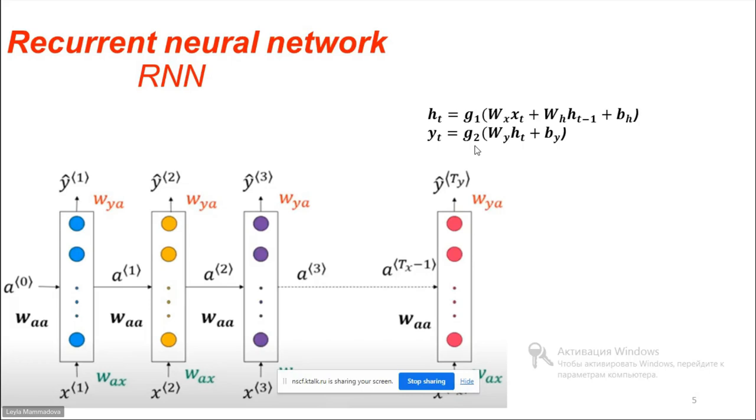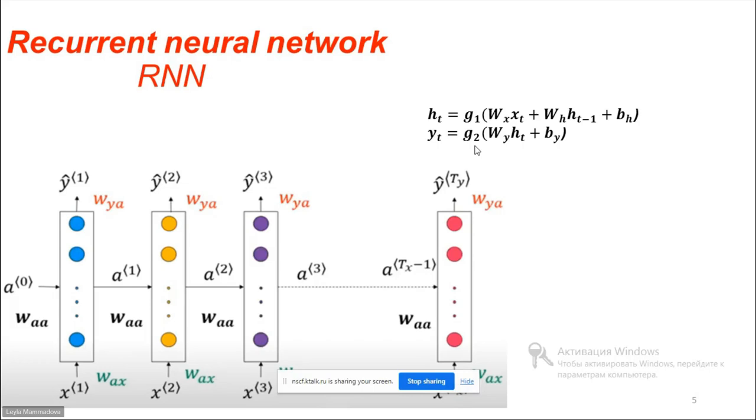Here it shows how the hidden state and output are calculated at each time step. In these equations, xt and yt are the input and output at each time step t. ht minus 1 is the hidden state from the previous time step, and W are weight matrices for input, hidden state, and output. bh and by are bias terms for hidden state and output. g1 and g2 are activation functions.